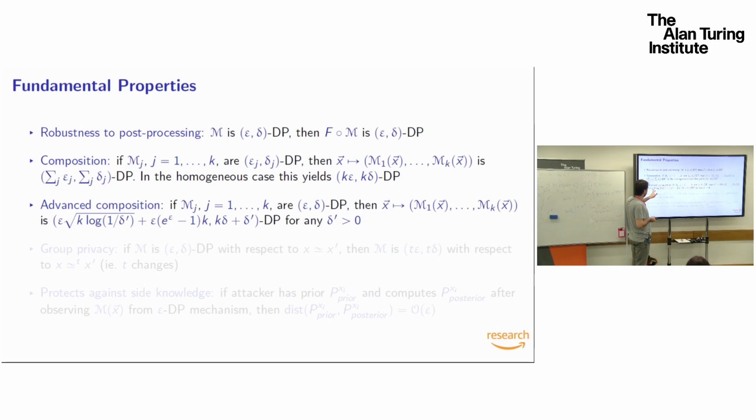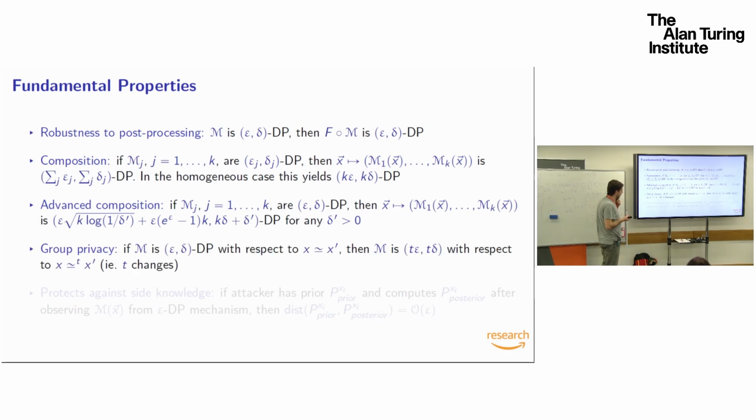And this term is epsilon square root k, whereas here I had epsilon k. So the advanced composition gives me a gain of a square root in terms of the first parameter, the important one. And the second one stays the same, the delta. And there's some delta prime that you can use to trade off these two things, so that you actually need to make this thing appear.